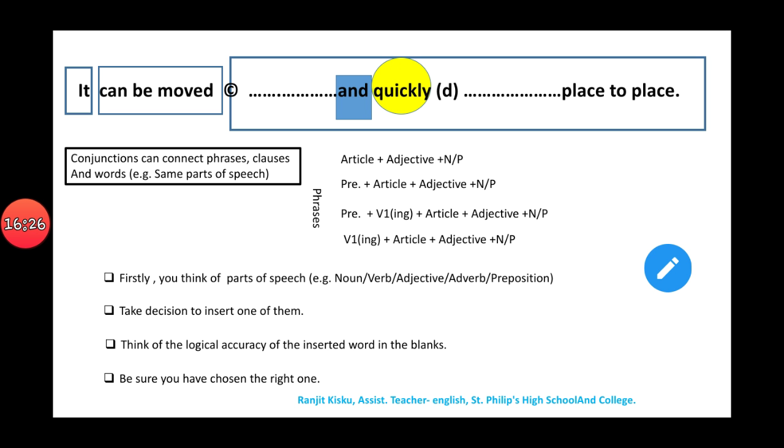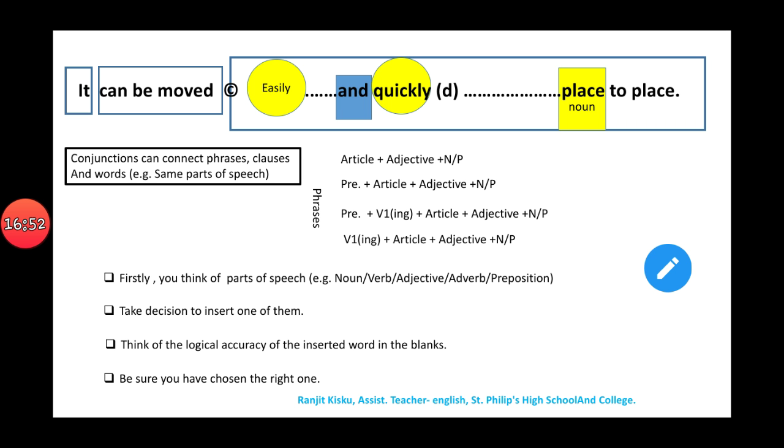We have "quickly" and a gap before "and". So we must place here another adverb which should be connected with the conjunction: "easily and quickly". Then we have a next place, a noun. We can say in the first structure: article, adjective, noun. Adjectives come to modify the noun.